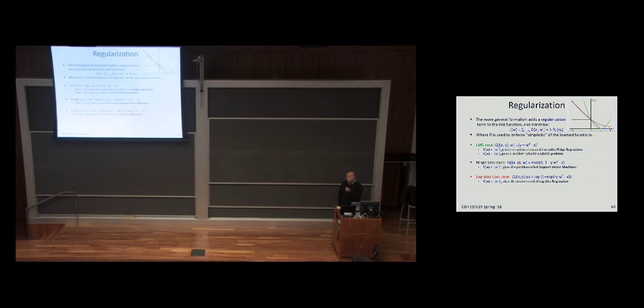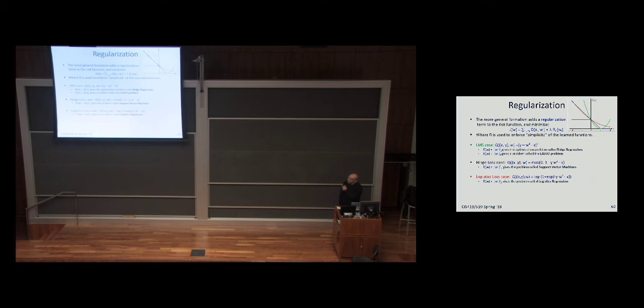If it's a negative example, y is negative 1. If you did not make a mistake, the dot product is also negative, so this product is positive. If it's a positive example, y is plus 1, and if you did not make a mistake, w dot x is also positive, so this product is positive.